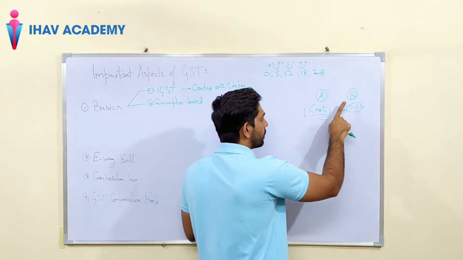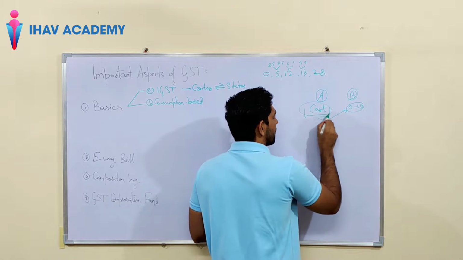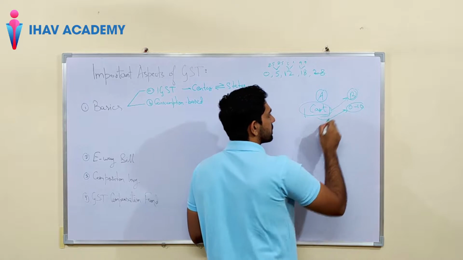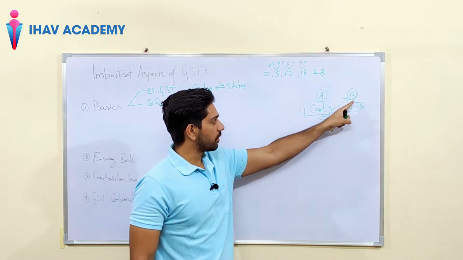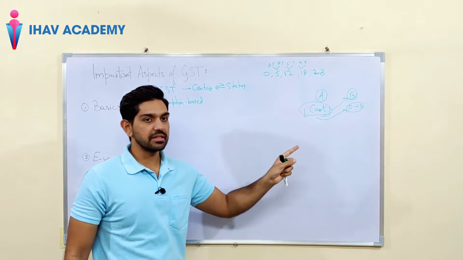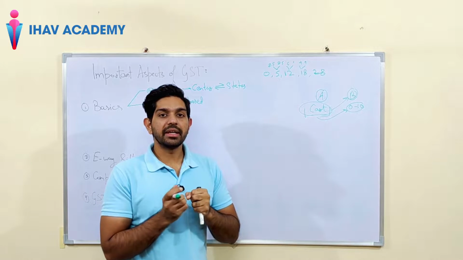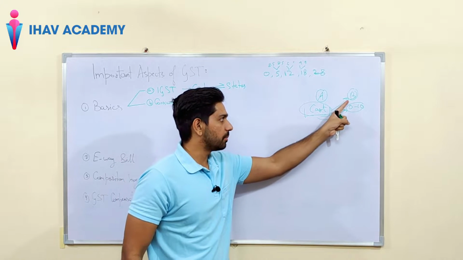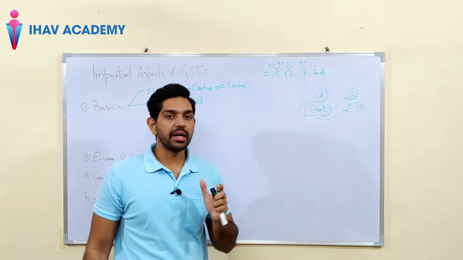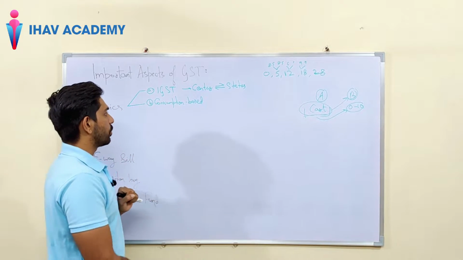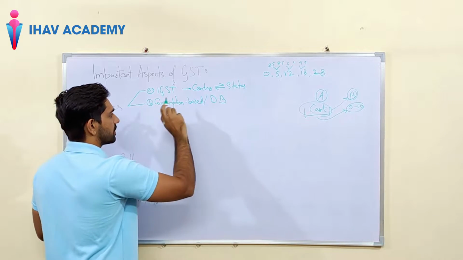So all the taxes collected on this cart will go to state B. Why? Because the consumers of state B are paying indirect taxes, so this collection of indirect taxes will be applied on the development of state B. It means state A will not get anything. So this is called consumption based or destination based tax system.